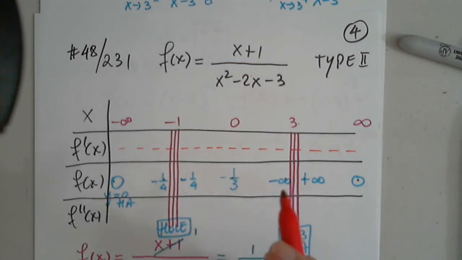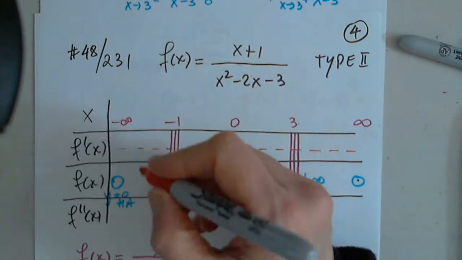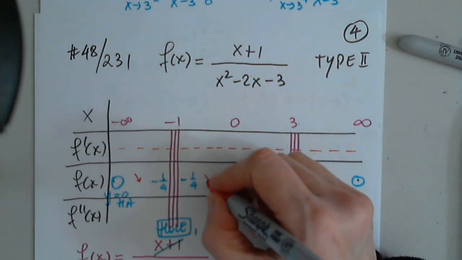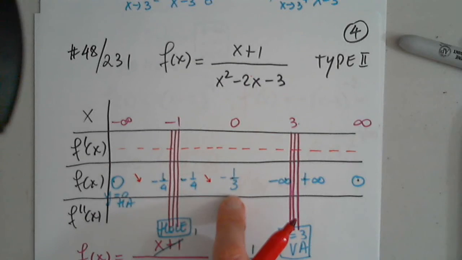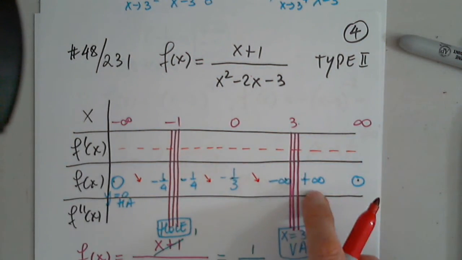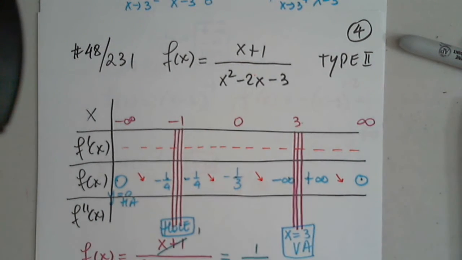That the function is always negative. No, the function is not negative. When the derivative is negative, the function is decreasing. Yes, this is negative 0.25 and this is negative 0.33. And it's going to negative infinity. And it's going from infinity to 0. It has to be always decreasing. Yes, Rita, sorry.